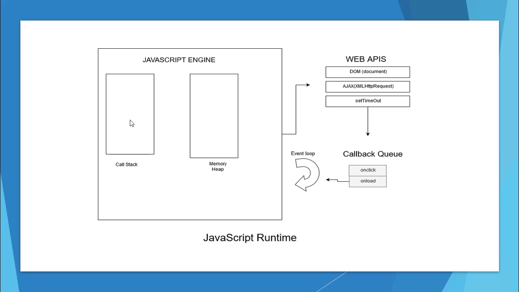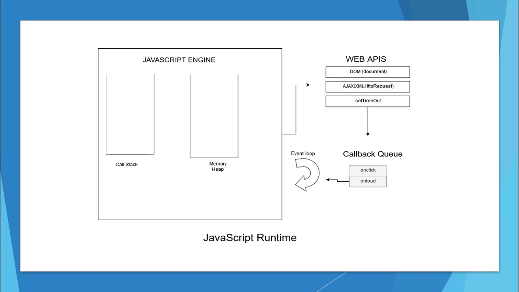For example, if you have written some code, that code first goes into the call stack, and JavaScript will see whether it is JavaScript code or a web API. If it is a web API call, it is going to move that code to the web API, and the web API is going to run it, and at the same time JavaScript will take another piece of code and run it. So we are achieving a kind of asynchronous code.